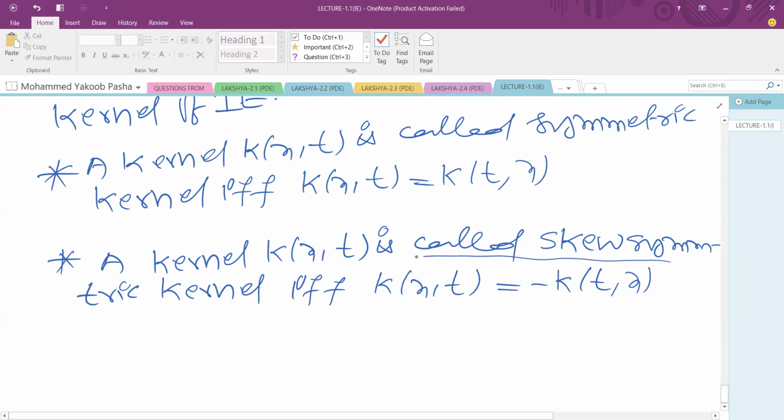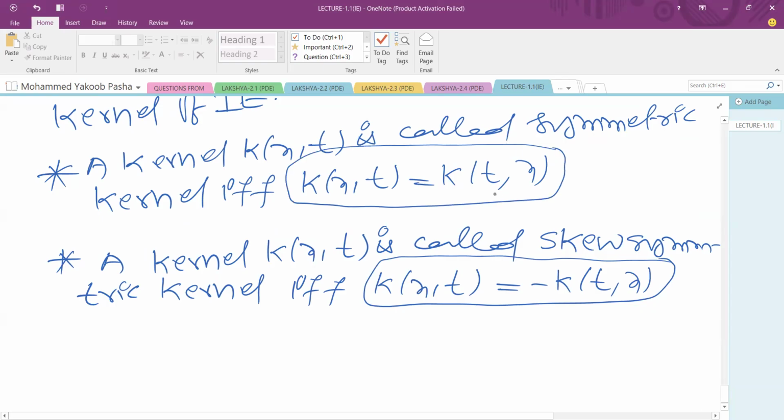You should remember these two definitions. Symmetric kernel means k of x comma t is equal to k of t comma x. As we know, for a symmetric matrix A transpose is equal to A, and for a skew symmetric matrix A transpose is equal to minus A. Like that, when k of x comma t is equal to k of t comma x, the kernel is called symmetric. When k of x comma t is minus k of t comma x, k of x comma t is called a skew symmetric kernel.